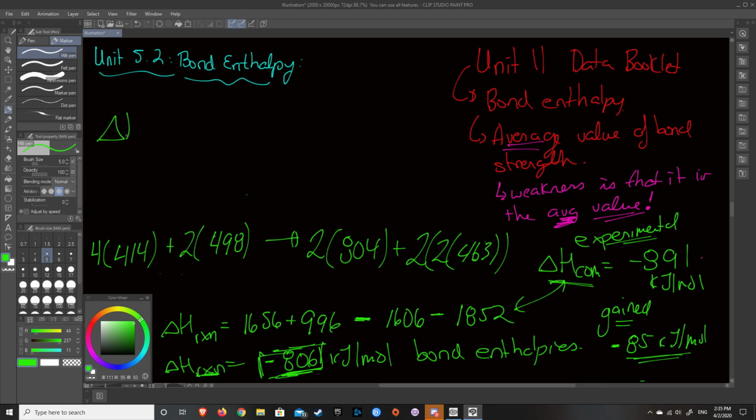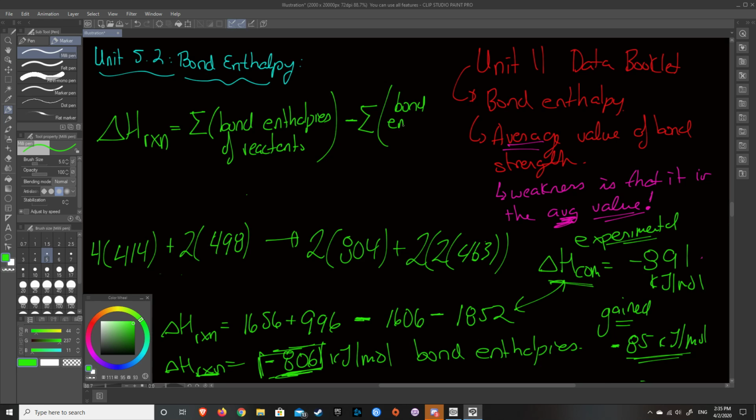So delta H of reaction equals the sum of the bond enthalpies of reactants minus the sum of bond enthalpies of products. So the delta H of reaction down here, it's this right here.